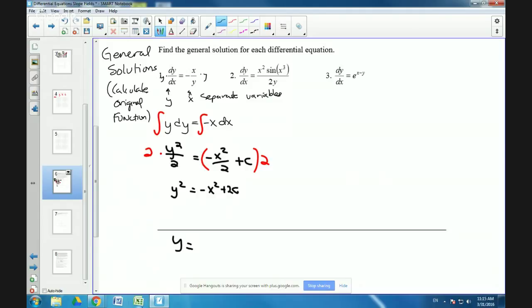You don't have to, but it's proper notation. This is a constant, that's a constant. It's just multiplied by 2. So you can leave it as is, and then square root. There you go. That's our general solution.